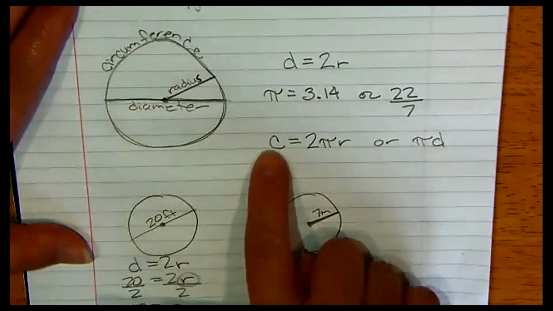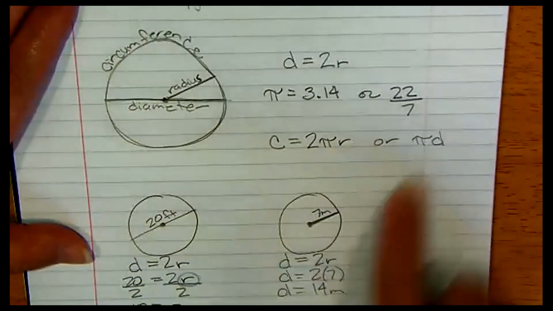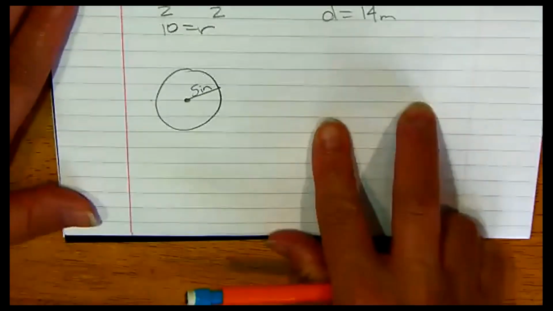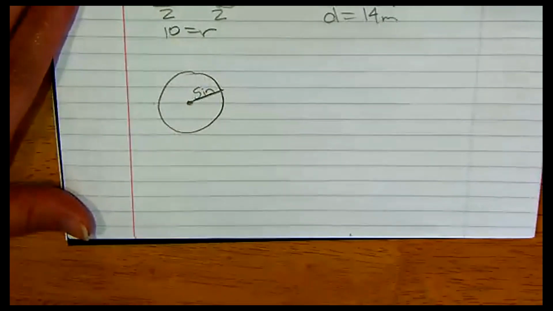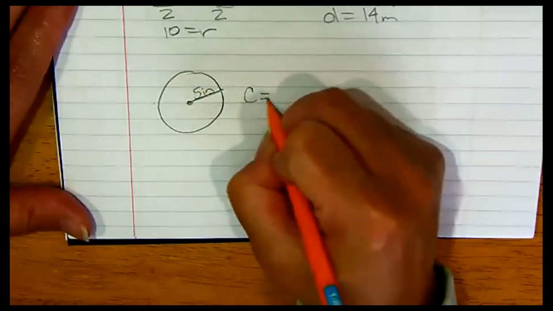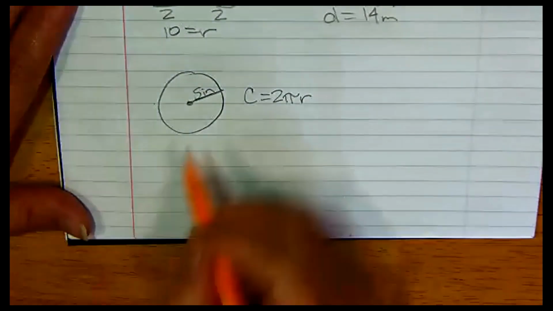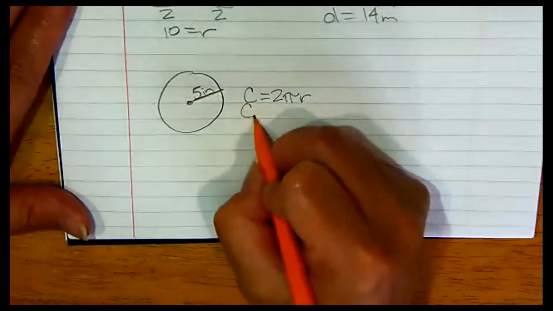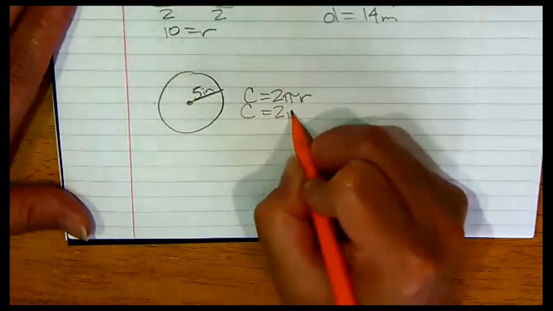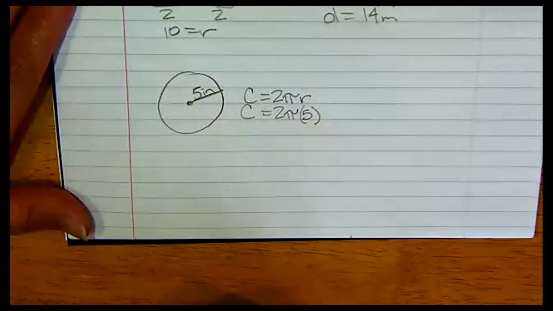And the formula for circumference is 2 pi r or pi times diameter. So in this case, they're giving us the radius. So circumference is equal to 2 pi times the radius. And I'm going to substitute 5 for my radius. The circumference is equal to 2 pi times 5.